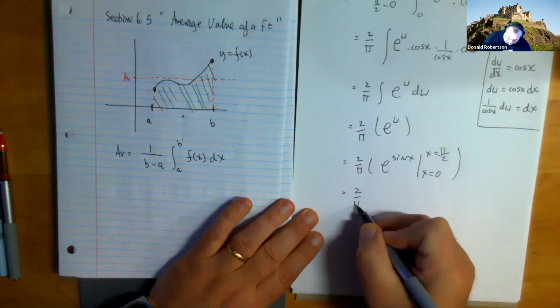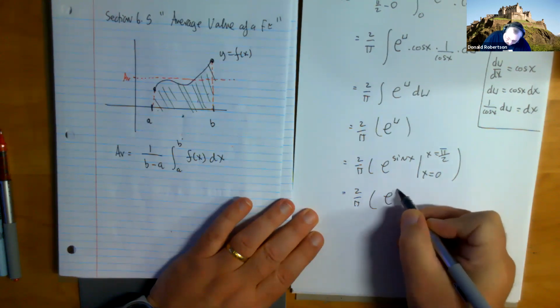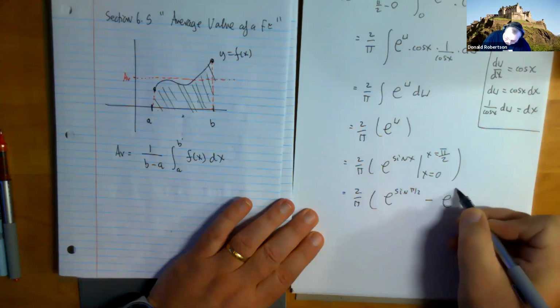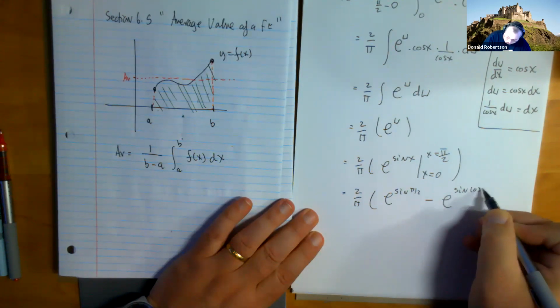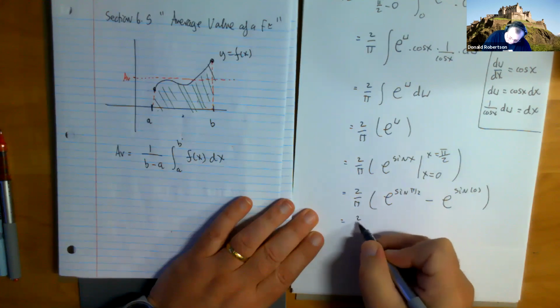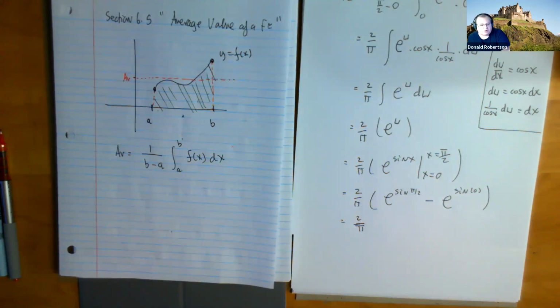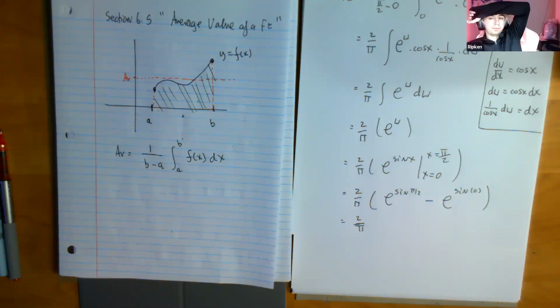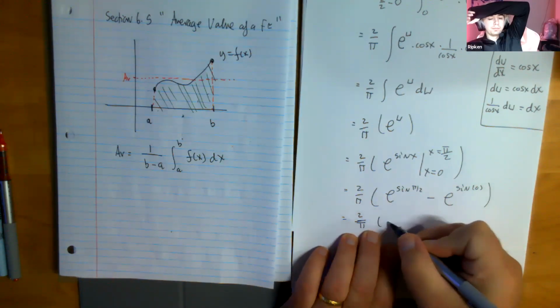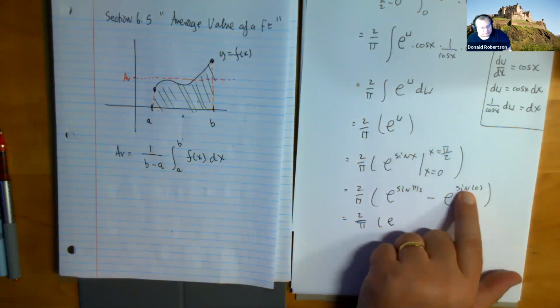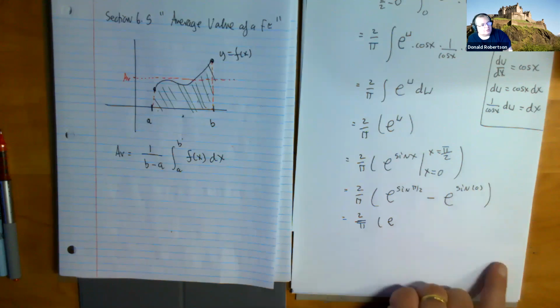So what we got? We have e to the sine of pi upon 2, take away e to the sine of 0. What is the sine of pi upon 2? Because it is a number. 1. So isn't that basically e to the 1, which we typically just call e? And sine of 0 is 0, and isn't e to the 0 the number 1?